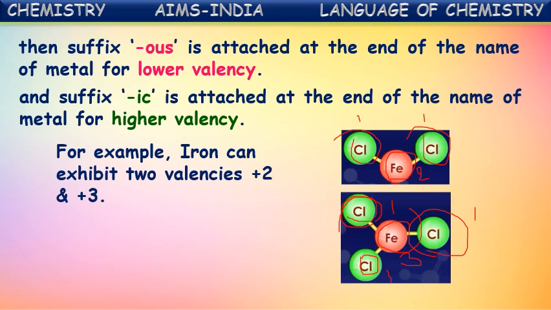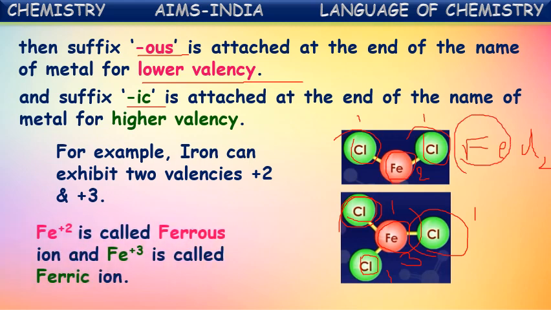How to name? The suffix "-ous" is attached at the end of the name of the metal for lower valency, "-ic" for higher valency. See here, it is FeCl2. Valency is 2, so we have to name this ferrous chloride.